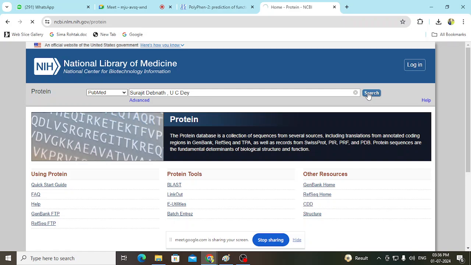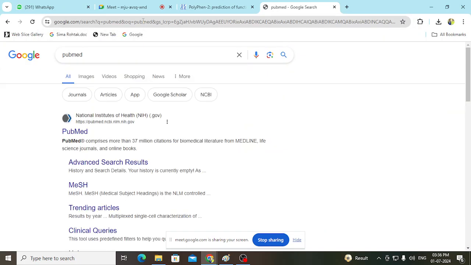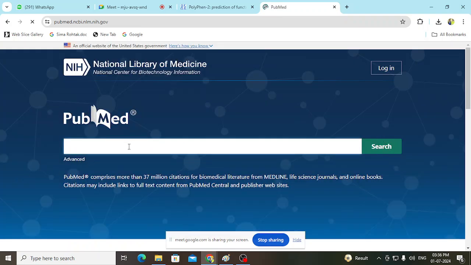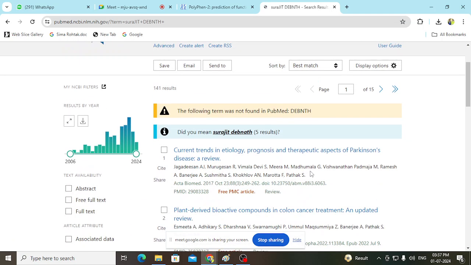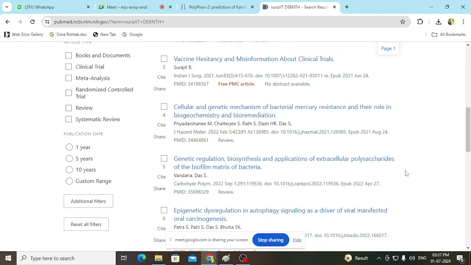Many times, because the load is very high on this database, sometimes it will respond slowly, but most of the time it will respond quickly.